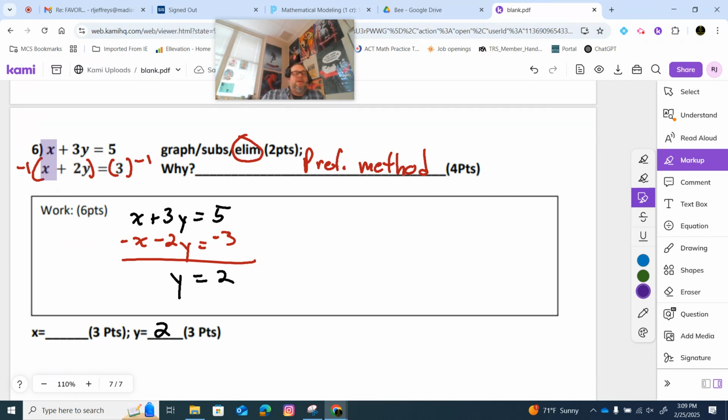And I made the X's cancel. And I got Y equals 2. Now I can use the top. I could use the bottom. It doesn't matter.